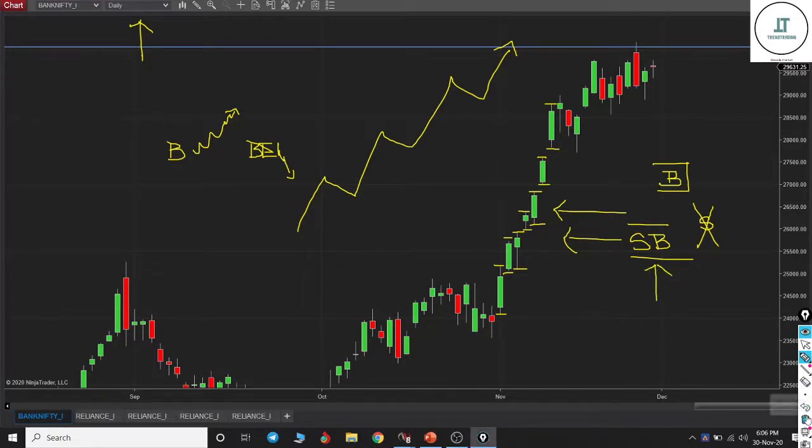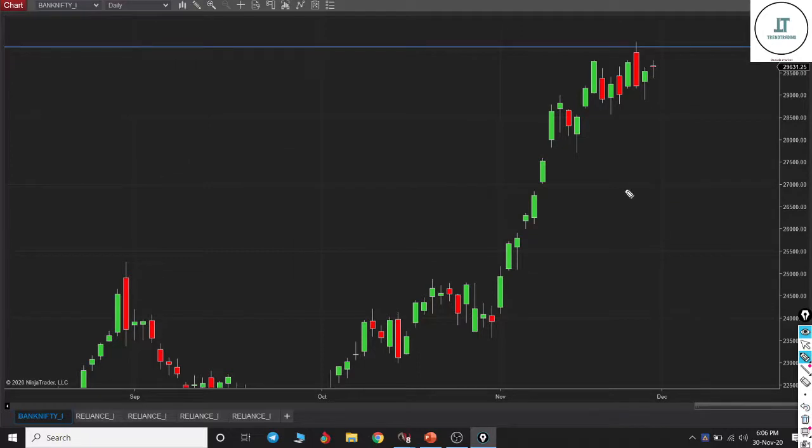Now look at this, where and when will the trend get invalid? This is the last higher high formation before any down move comes in. Look at this, the down move came, and what is the rule?